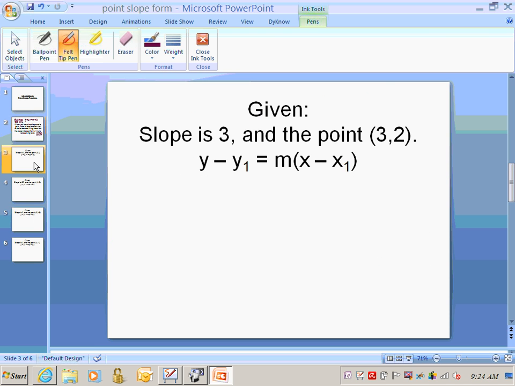Alright, so an example of this. Okay, I want you to write this down. It says that we're given that the slope is 3 and the point is 3, 2, and then I wrote down the equation. So I want you to write that down, and then we're going to go over it. Okay, so it says slope is 3, so I know that my m is equal to 3. And my point, I'm going to label it my x1, y1.